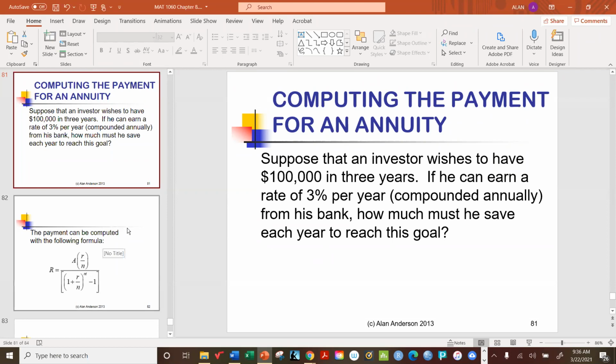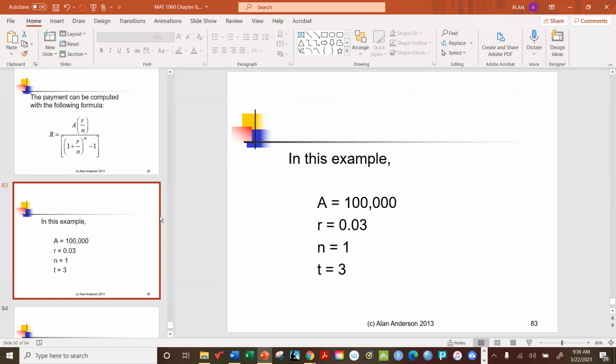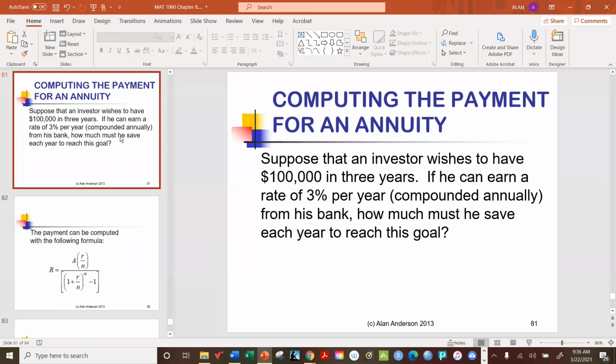So what we're going to do is set up this formula with the following information. Now, for the first time, we'll actually be given the value of A. That's normally what we're solving for. We're assuming that this investor can earn 3% per year compounded annually.